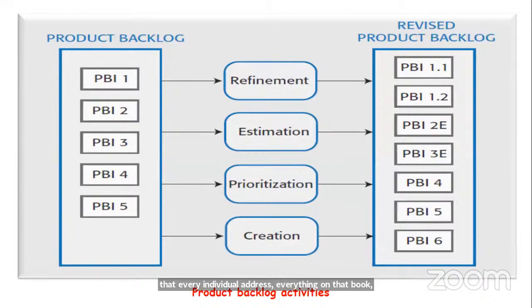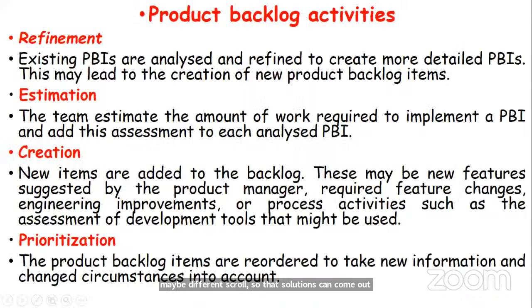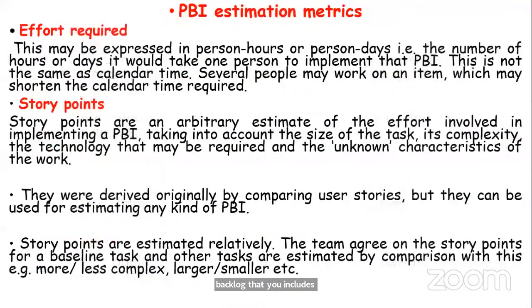For instance, what is causing you not to finish what you are given in the sprint? If that project is too long or too big, then you could break it up into little bits of PBIs handled by different sets of people, or maybe different Scrums, so that solutions can quickly come out and be sent to the user of the product. So product backlog activity includes refinement, estimation, creation, prioritization, as we have seen earlier.